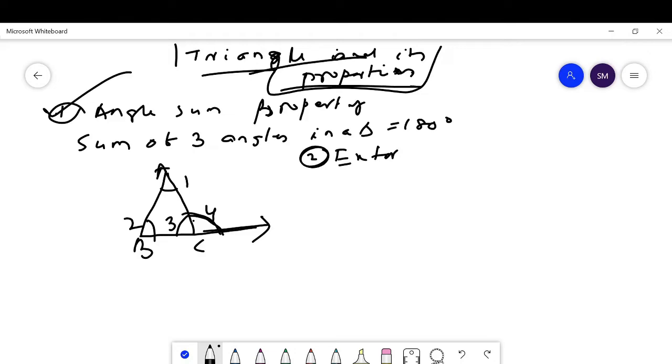First property, angle sum property. Second property, exterior angle property.